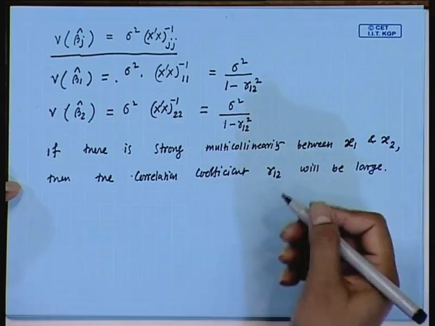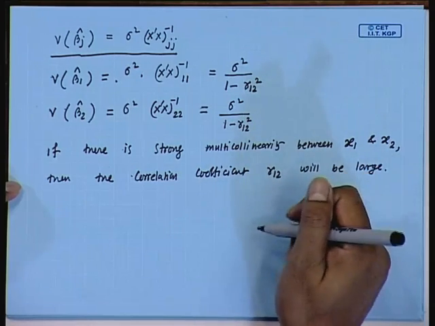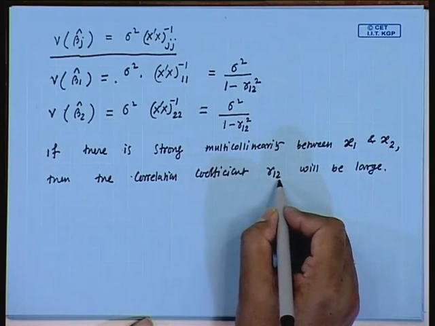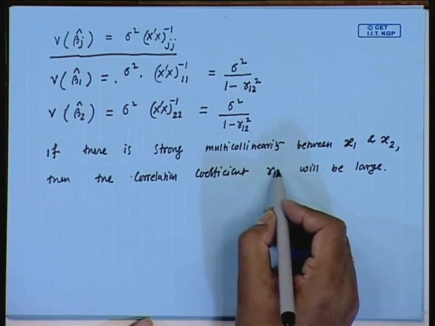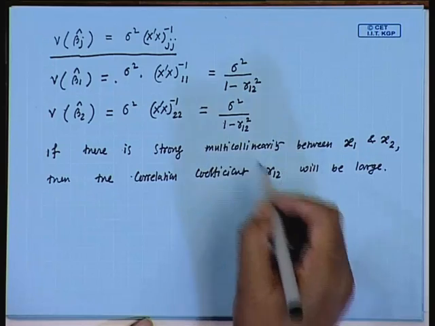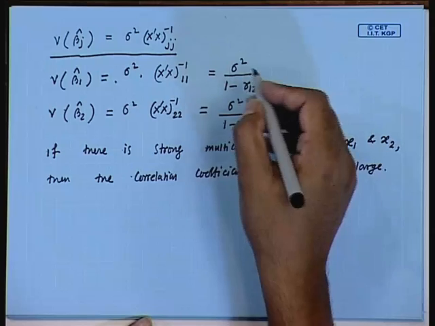Large means the modulus value can be equal to 1. So, when the modulus of R12 tends to 1, the denominator 1 minus R12 square tends to 0.